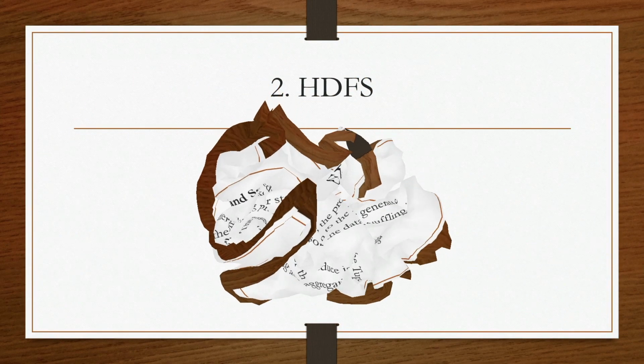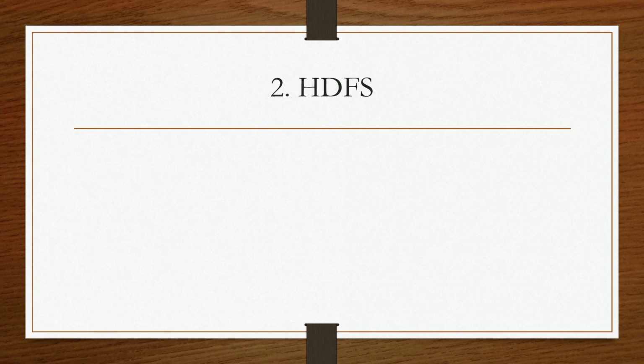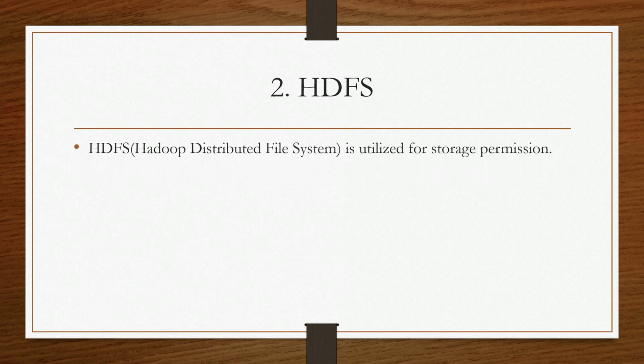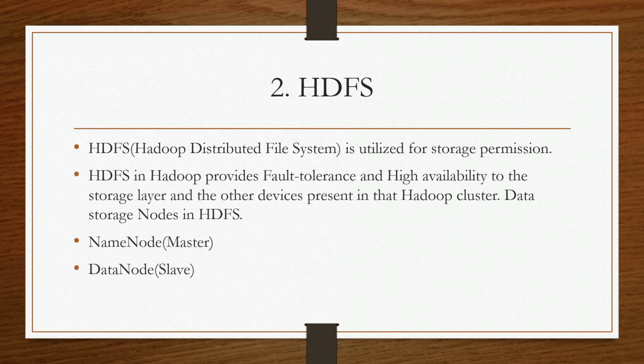HDFS, Hadoop Distributed File System, is utilized for storage permission. It is mainly designed for working on commodity hardware devices, working on a distributed file system. HDFS is designed in such a way that it prefers storing the data in large chunks of blocks rather than storing small data blocks.